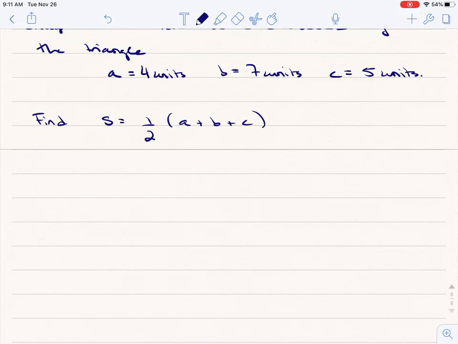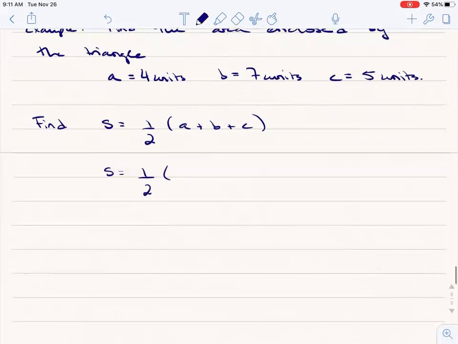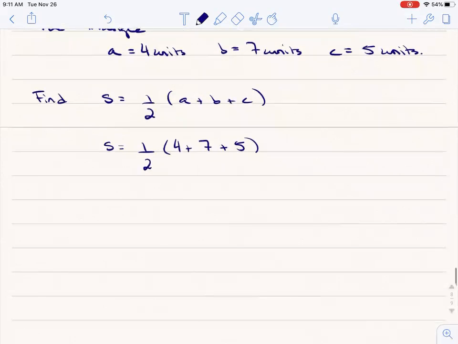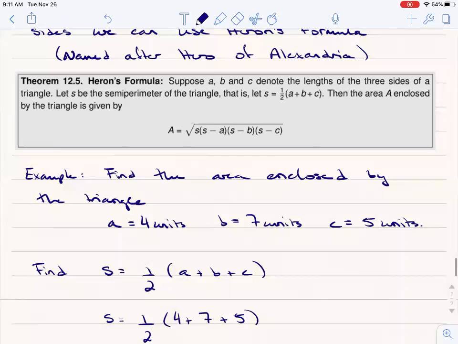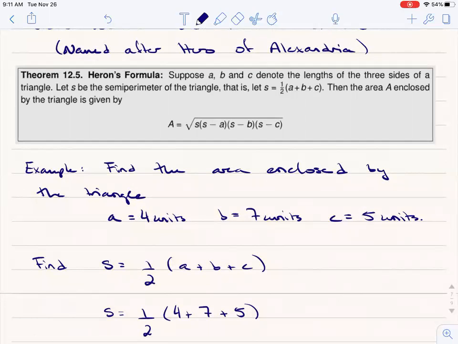Heron's formula is on here if you wanted to steal it from that. So S is 1/2 times A, which is 4, plus B, which is 7, plus C, which is 5. And so S is going to be 8. Kind of cut to the chase. So now that we know S, we can use Heron's formula that just uses S, A, B, and C.